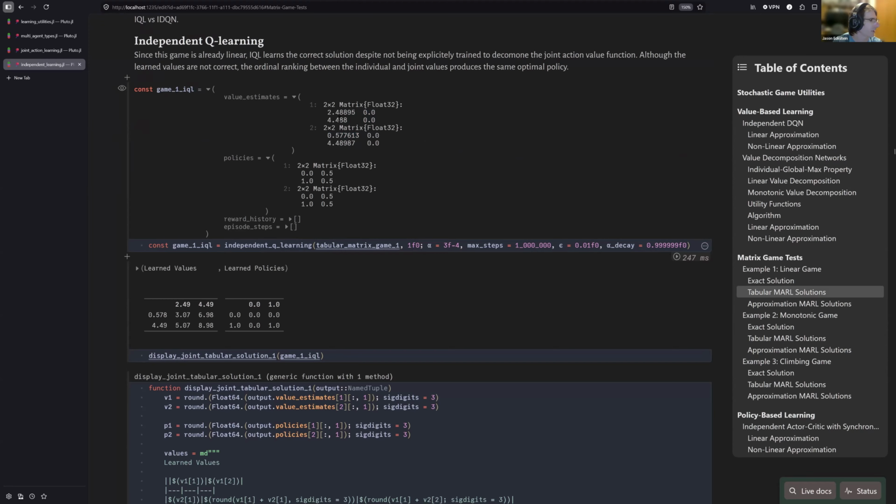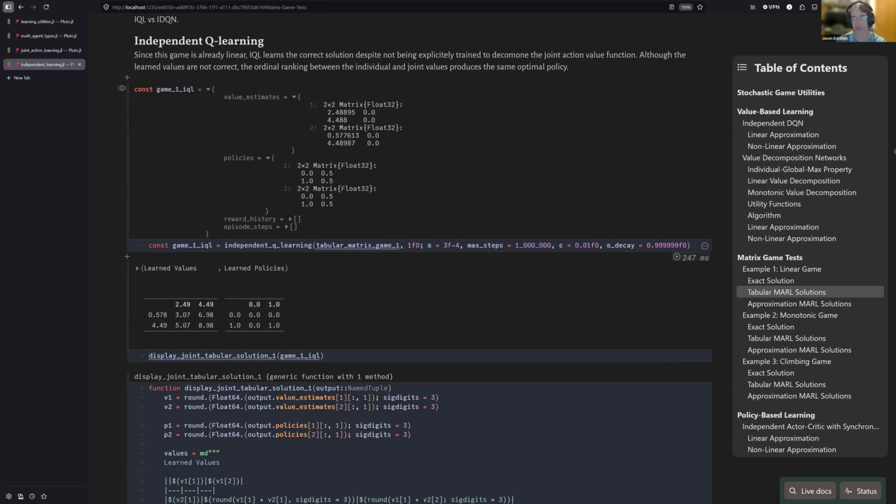So each agent is learning its reward value. Again, the reward each agent gets here is going to be 1/2 of the total, because I'm going to take the sum afterwards. So here I'm training independent Q learning, but it's the same as learning the utility functions, because the utility functions are supposed to sum to the reward function. This independent Q learning is not trying to learn a decomposition.